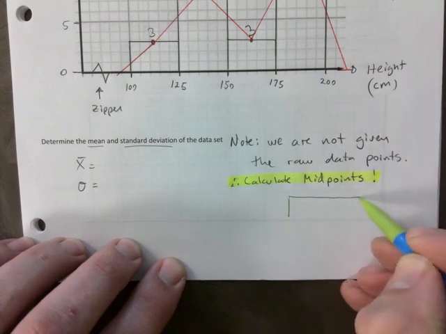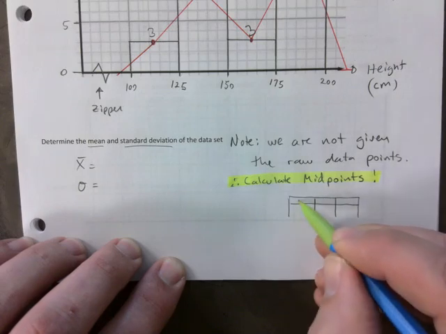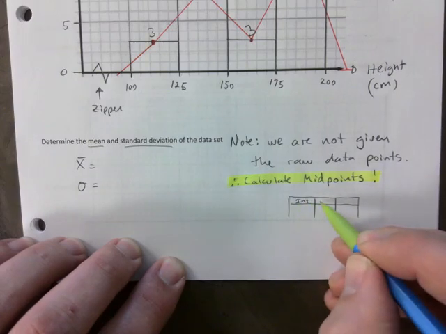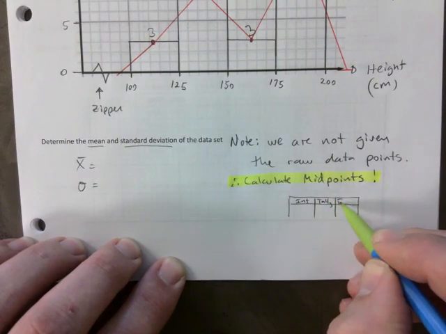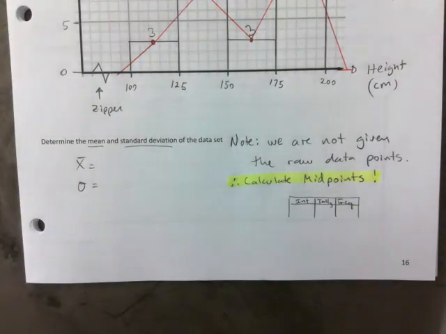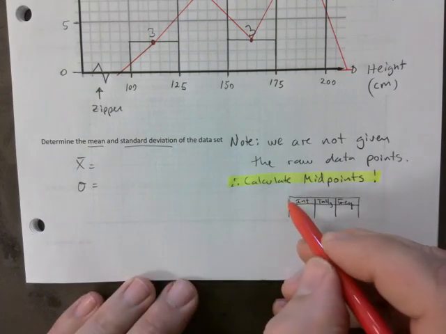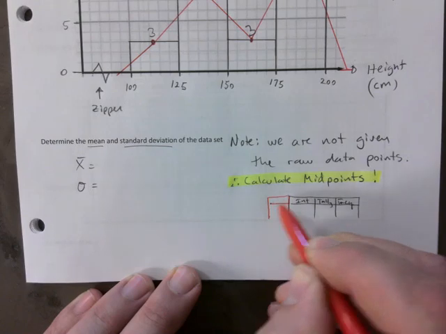So if you have these three, interval, tally, and frequency, you must add, I will do this with a red pen, the midpoints.